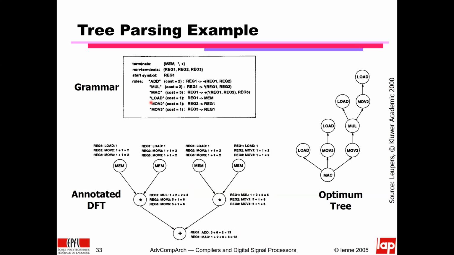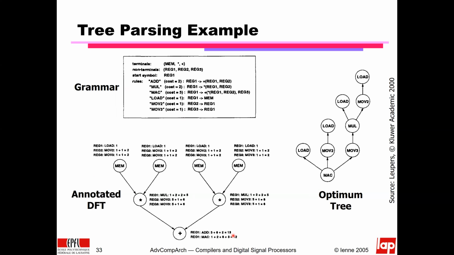I repeat once more, right here, there is only one example of where you have to enumerate all the possibilities of the instruction. Luckily, the more constrained your architecture is, the less this happens. But in principle, you have an exponential growth of the rules that you can apply, and therefore of the complexity of getting this optimal solution.